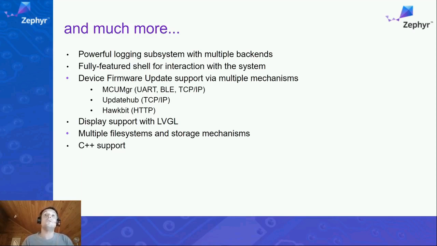We have also display support via LVGL, another very interesting open source project that we integrate into Zephyr as an external module. We have a bunch of file systems and storage mechanisms. So if you don't want a fully fledged file system, you can use one of our storage mechanisms. We give you obviously non-volatile storage without the overhead of files and folders, C++ support, and much more.